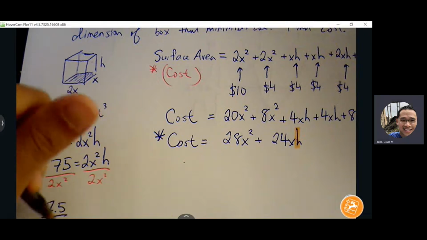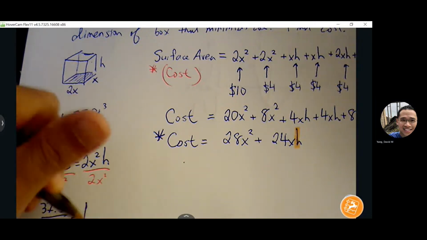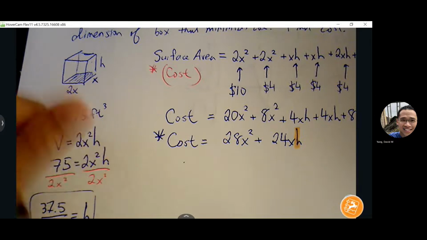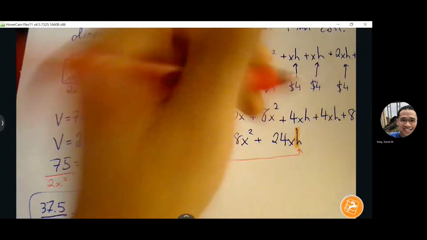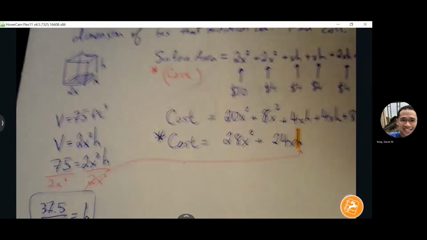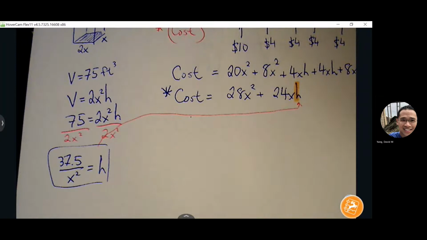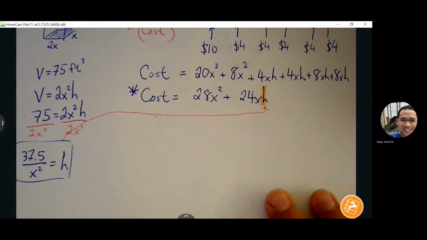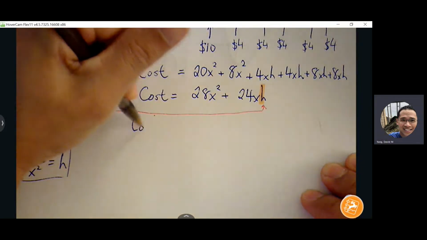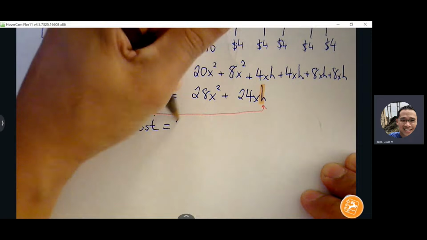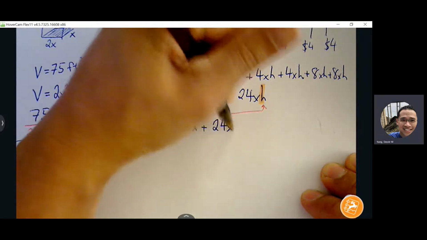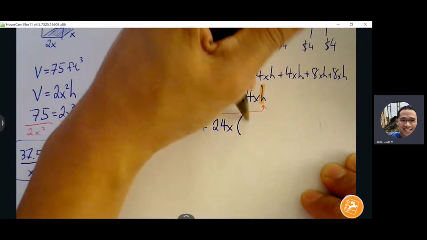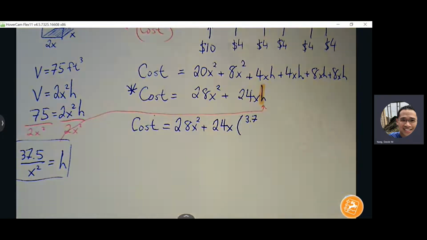The x squared stays below. Okay, so now we have our cost equation that we can update, and then we can eventually find the derivative for, because now we only have one variable showing on the right side.